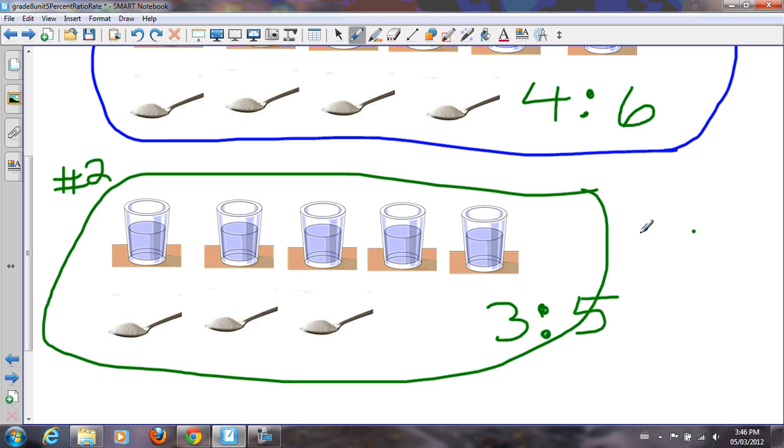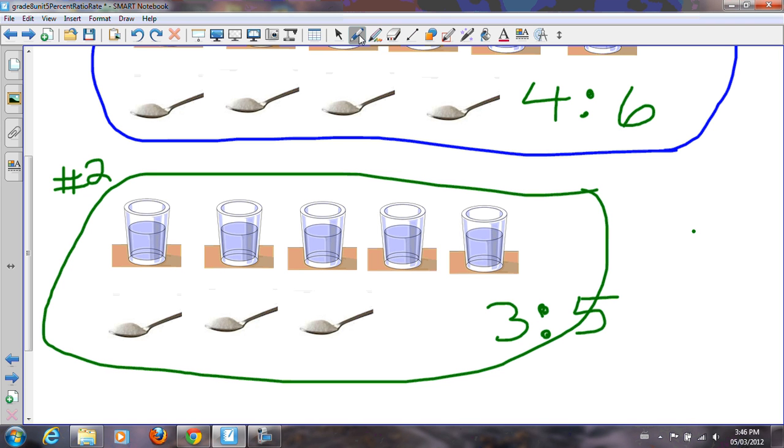So just looking at it right away, someone would think that, oh, this one only has 3, this one has 4, so this one should be less sugar per glass. But we have to compare them by making them have equivalent ratios.